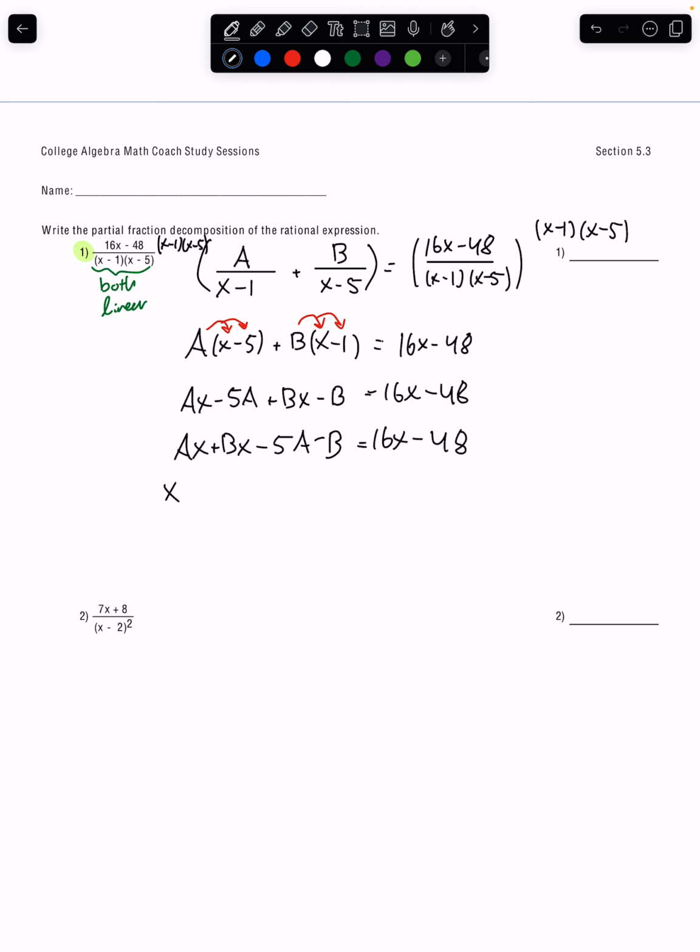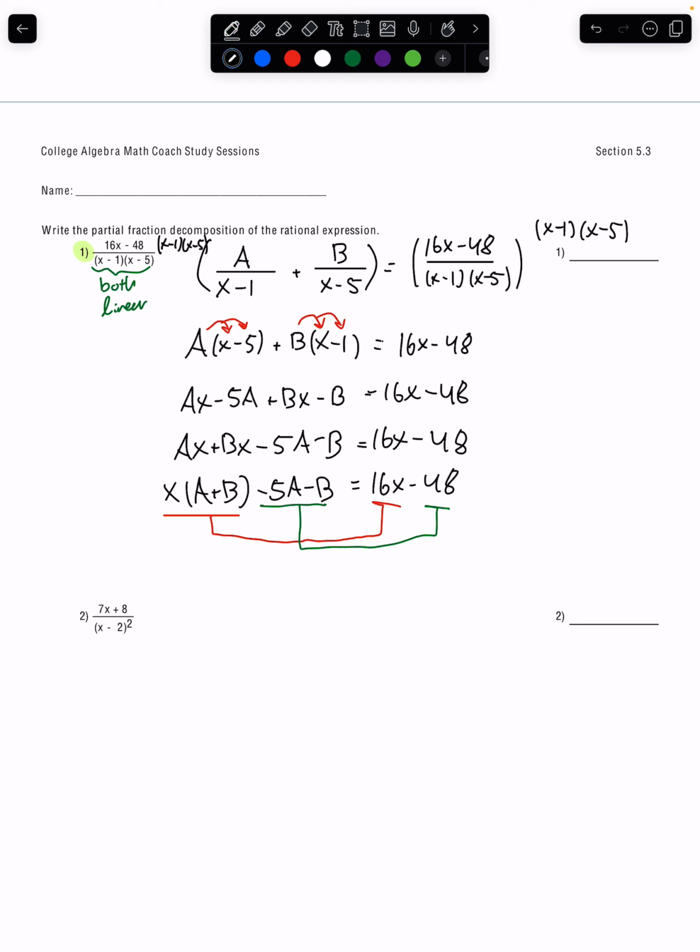And then we can take out the x from these, and then we can solve it in pieces. So if we know this is the x piece, it is going to correspond with this x piece. And if these are the constants, it'll correspond with this constant.